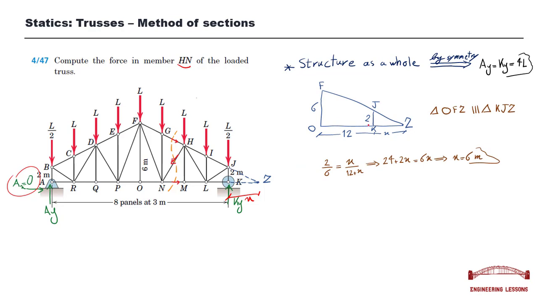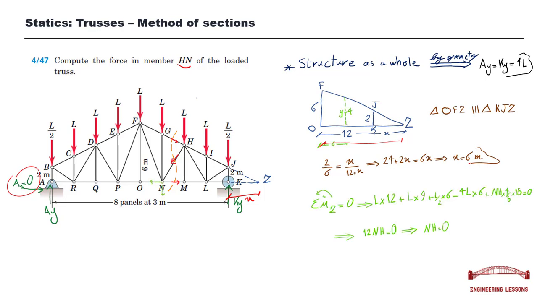So the perpendicular side of the smaller triangle over the perpendicular side of the bigger triangle is equal to the proportion of their bases. Here the smaller base is x, and the length of the base of the bigger triangle is 12 plus x, which gives us x equal to 6 meter.